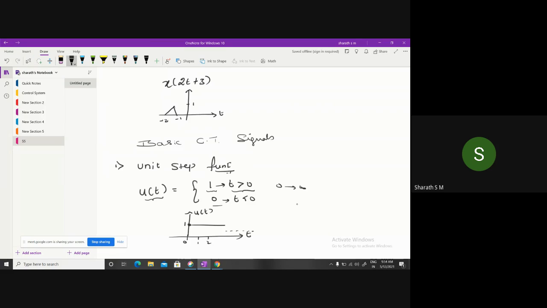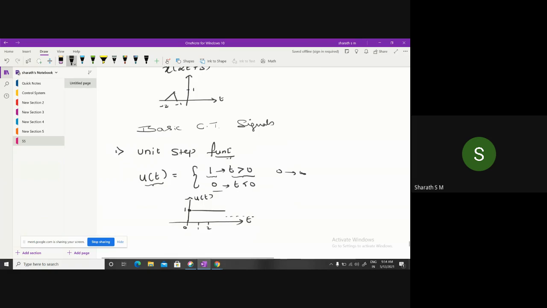For minus 1, minus 2, up to minus infinity, the amplitude level is 0. So this is for a continuous time signal.